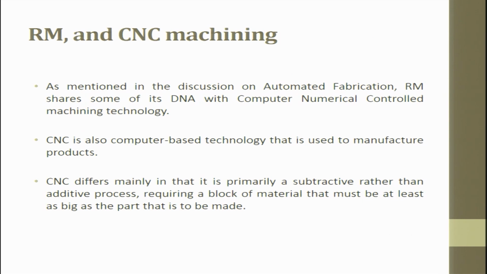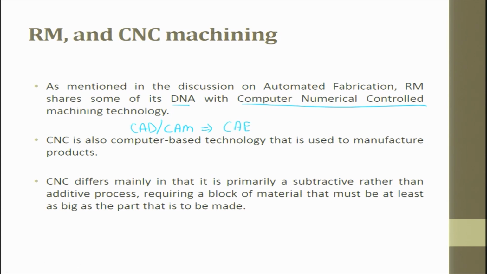So, the RM and CNC machine, as mentioned in the discussion of automated fabrication, RM shares some of its DNA with computer numerical control machine technology. CNC is also computer based technology. So, this involves CAD and CAM. When we talk about them together, people call it CAD/CAM, where simulation also comes.